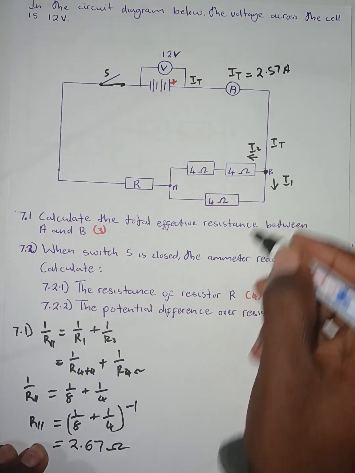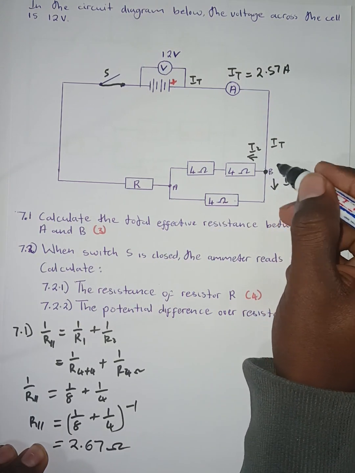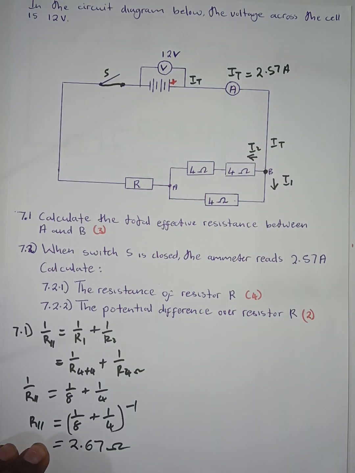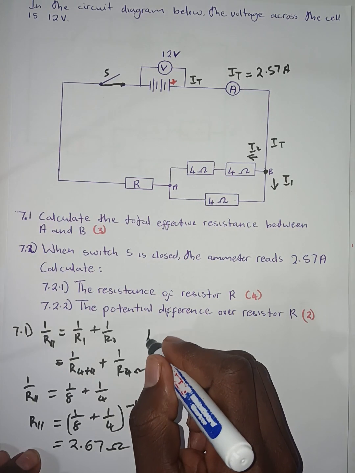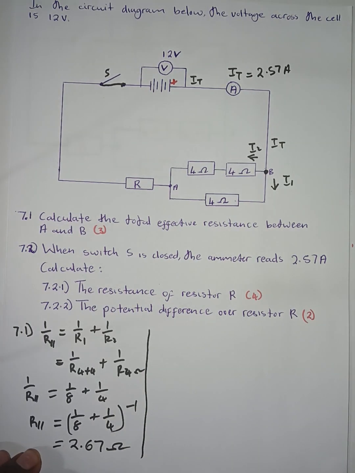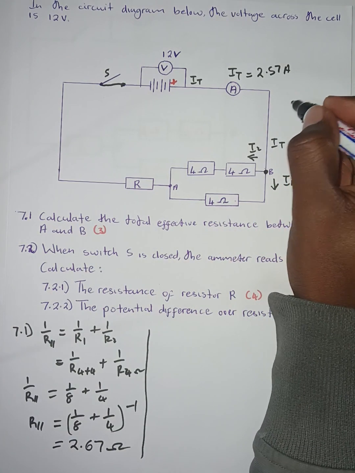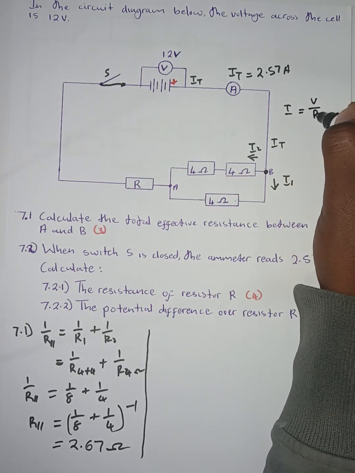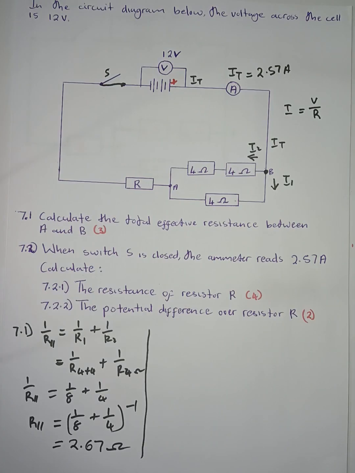So we can know that when our current gets to that point, some of it will split to that direction, and some of it will split to that direction. So they said calculate the resistance of R. Now in that Ohm's law formula that I showed you, I equals V over R, they can actually ask you any variable.